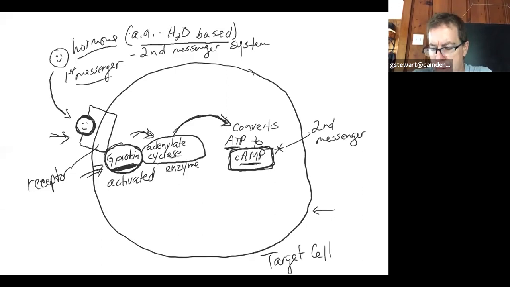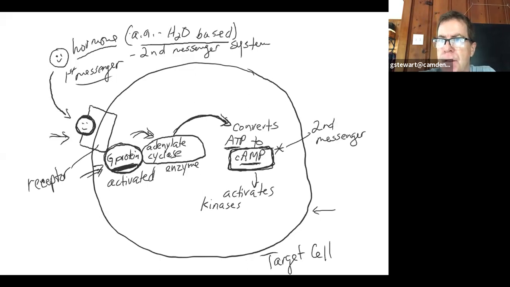And the reason is because once the second messenger is activated, it typically activates kinases inside of the cell, which just basically means cellular chemicals that alter the metabolism of the cell.